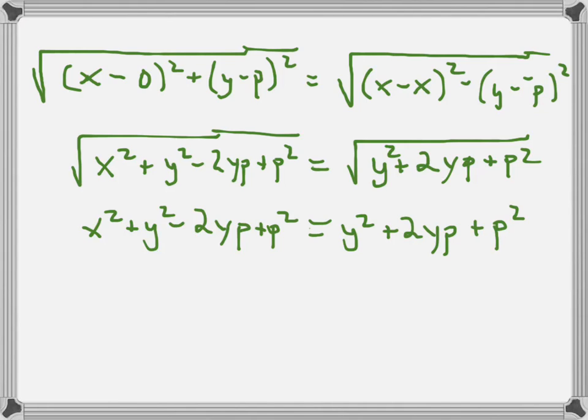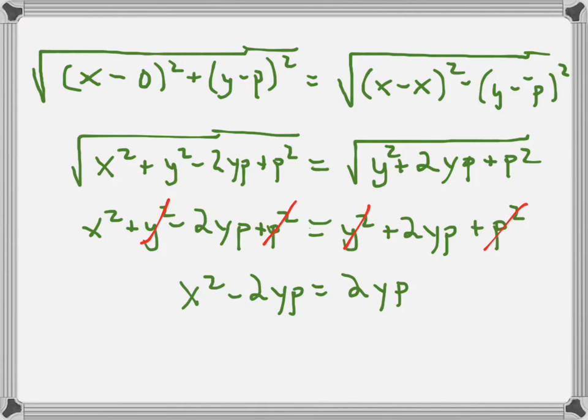So now I'm going to cancel out what I can cancel out. If I subtract p squared from both sides, and if I subtract y squared from both sides, I get x squared minus 2yp equals 2yp.